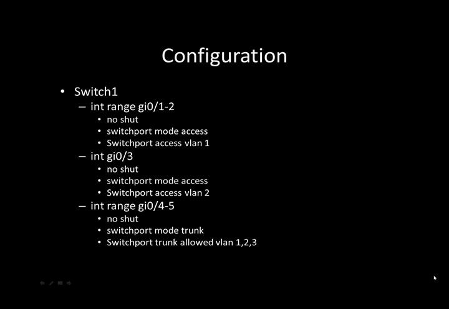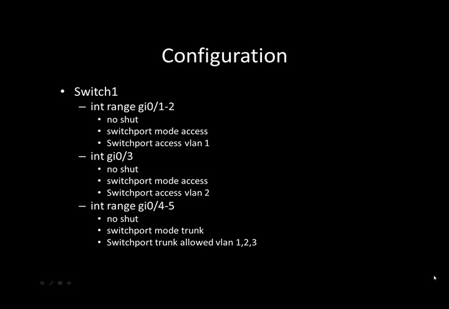So after we showed you the physical implementation and also the VLANs and IP addresses, we'll move on to the configuration on the switches. For switch 1, for interface range GI0/1 through GI0/2, we did a no shut, switchport mode access, and switchport access VLAN 1 to create VLAN 1 on switch 1.